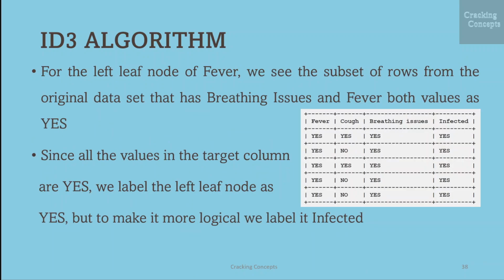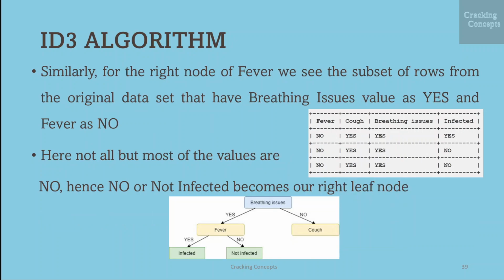For the left node of fever, we see the subset of rows from the original data set that has breathing issues and fever both values as yes, which is shown in the figure. Now since all the values in the target column are yes, we label the left leaf node as yes, but to make it more logical, we will label it as infected.